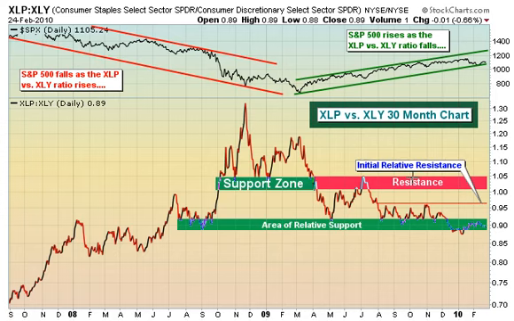I personally think that is a good sign, although I do believe that over the course of the next few months, if we are in a flag pattern and the market shows a little bit of downward bias, we could see this ratio jump up, maybe hit this initial relative resistance area around 0.96, and ultimately could get all the way back up into this major resistance area around 1 to 1.05. But that remains to be seen. In the near term, this is still a somewhat bullish outlook on the market down the road once we get past this potential flag.